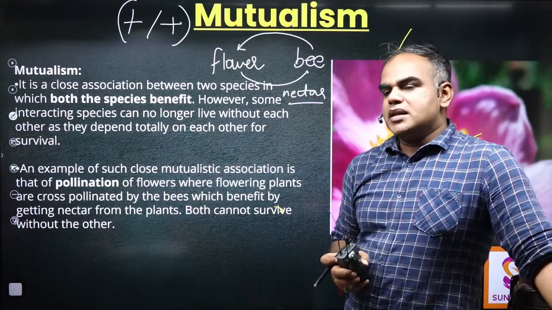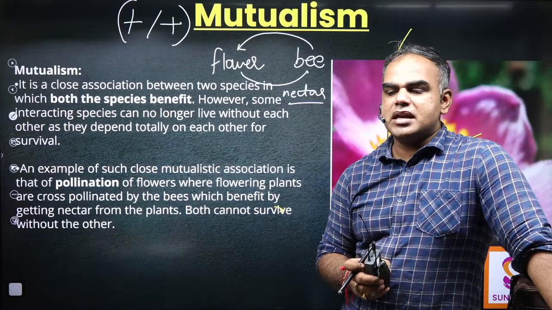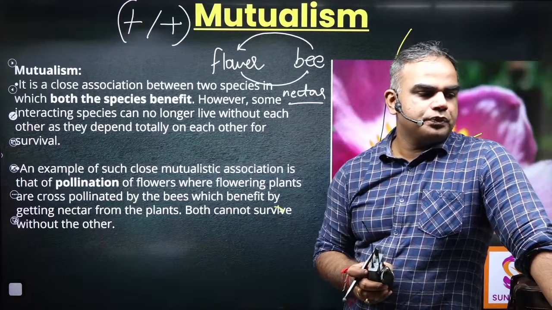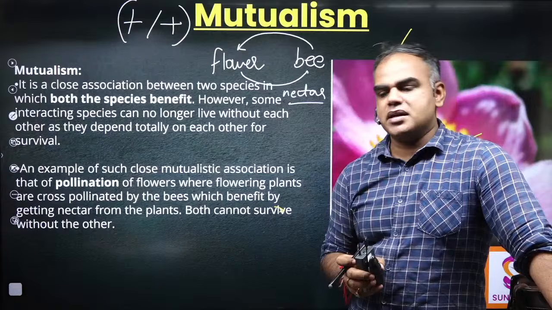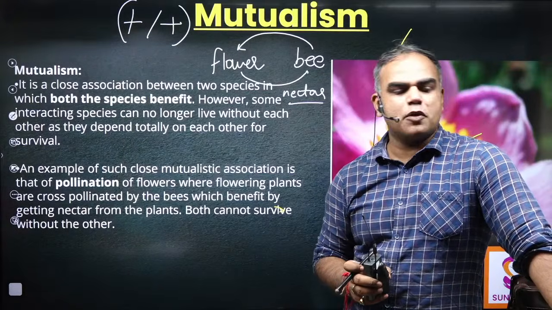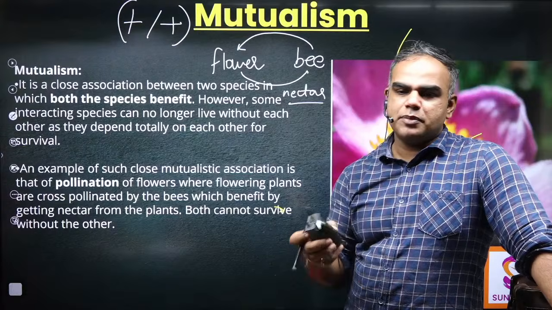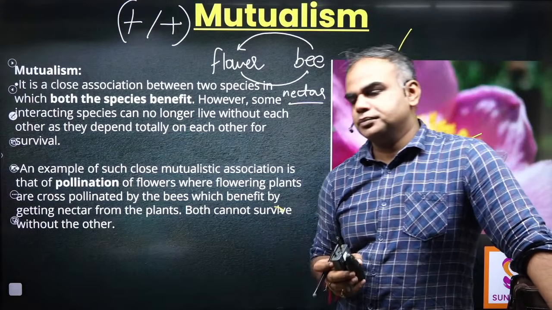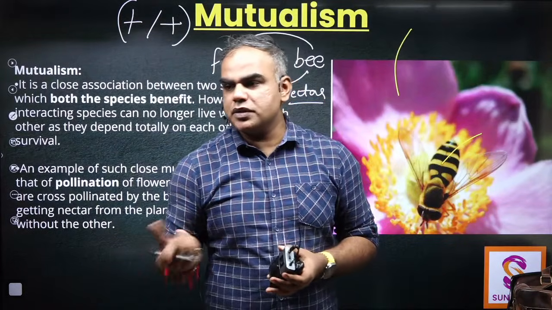Second example is lichens. Lichens again are appearing. Write lichens, symbiotic, or write lichens with a dash: algae plus fungus. Simple. Algae will provide food, fungus can provide some colony shelter, and later on fungus can also help in decomposition. This can also be one.